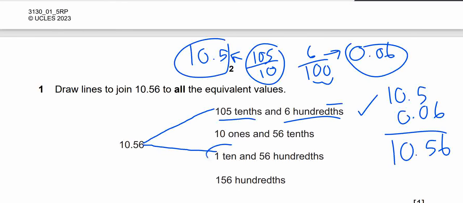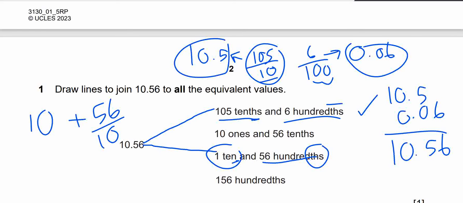For this one, it is 10. Tenths means you divide by 10. 15 tenths, so 15 divided by 10.